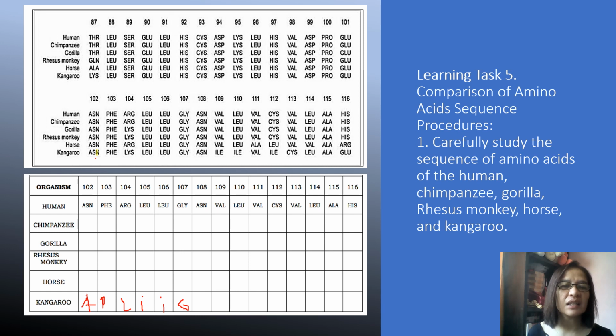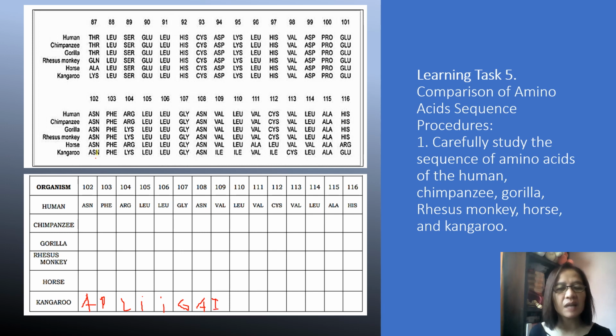Sa 108, asparagine. 109, isoleucine. So, ilagay natin ang capital I. Pero dapat siya ay ILE.